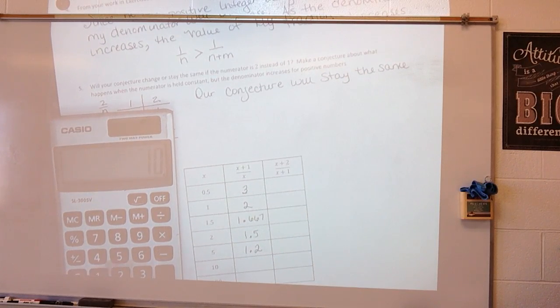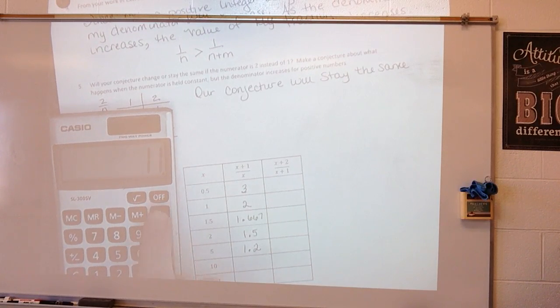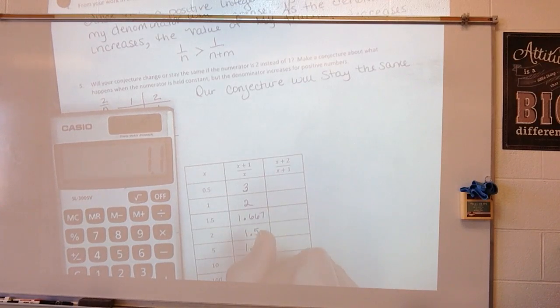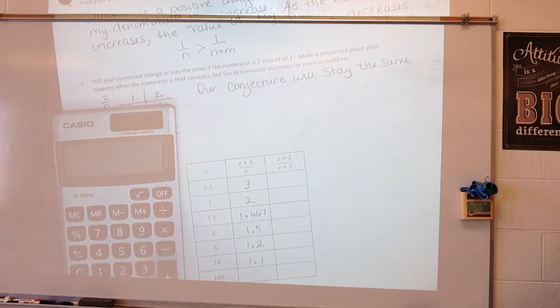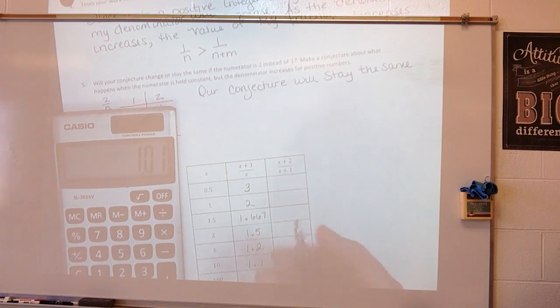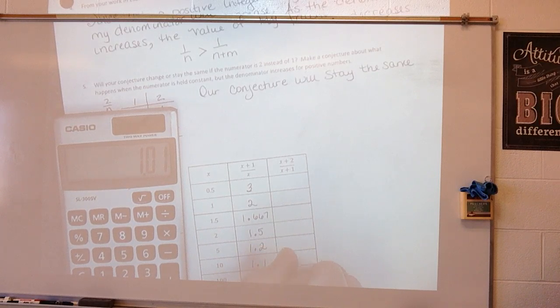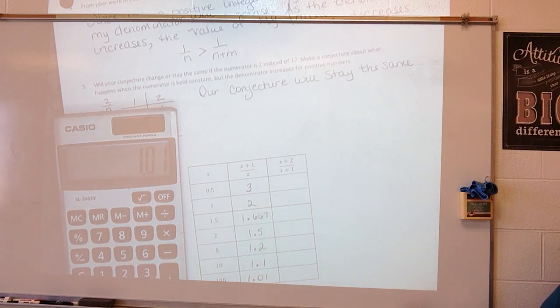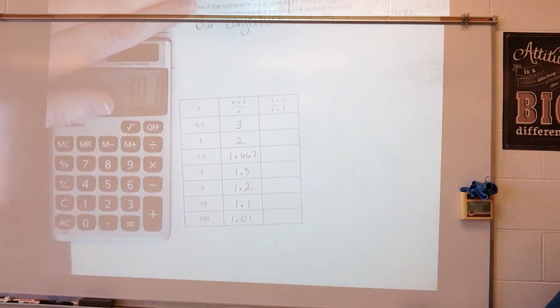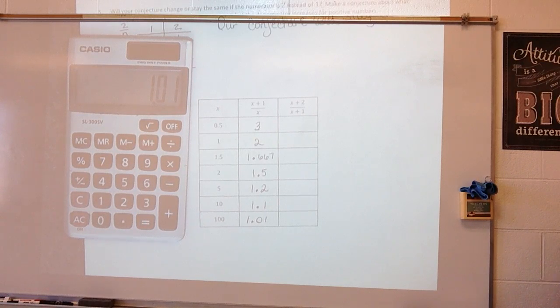So I have 10 plus 1 divided by 10 gives me 1 1/10. All right. And then 100 plus 1 divided by 100 gives me 1 1/100. All right. So I went ahead and did it in decimal form because I think they're easier to compare.